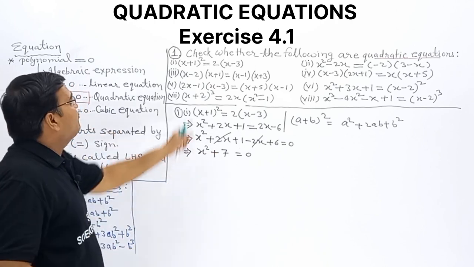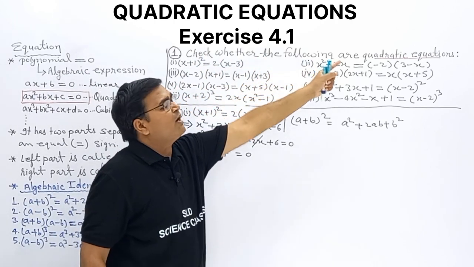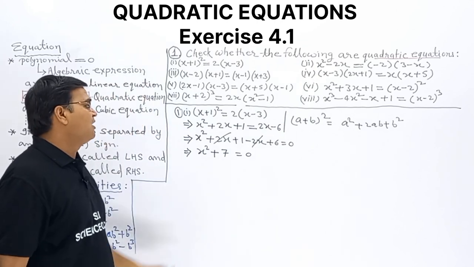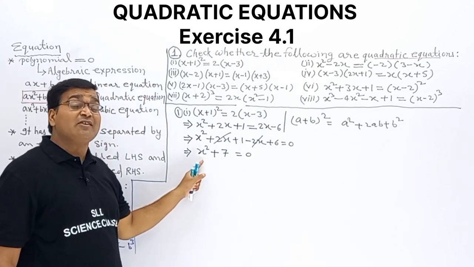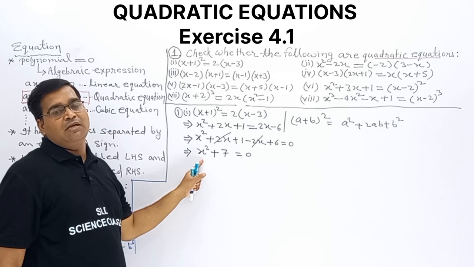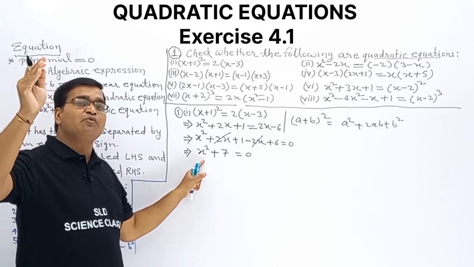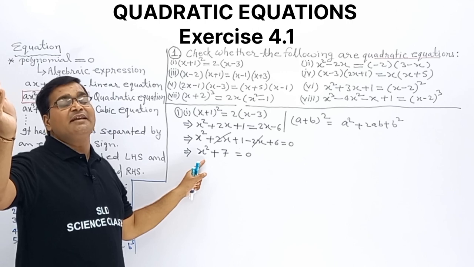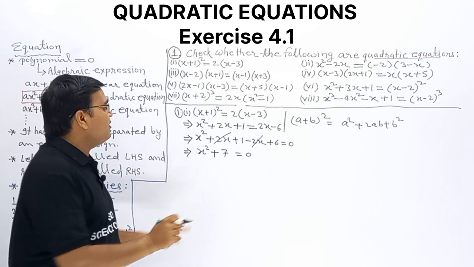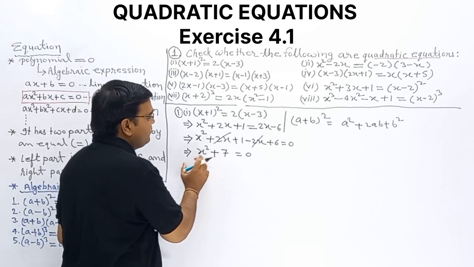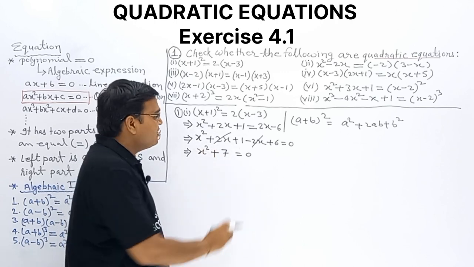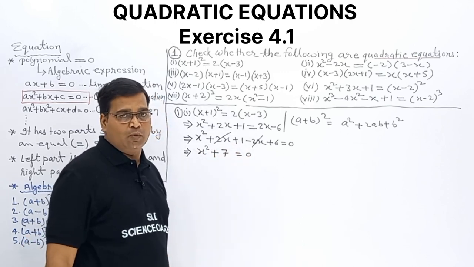What we want is to check whether the following are quadratic polynomials or not. This one is the quadratic equation or not. If a quadratic polynomial is equal to 0, then we can say that one is what? Quadratic equation. Now in the left hand side we are having an algebraic expression. In the right hand side we are having 0.